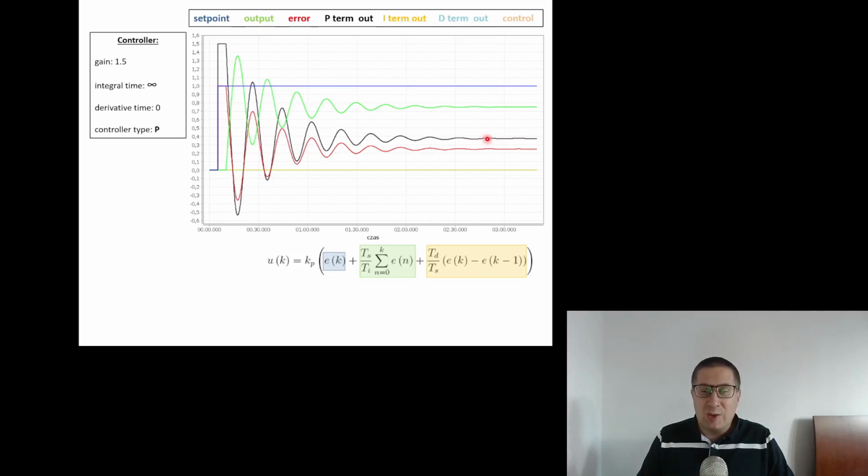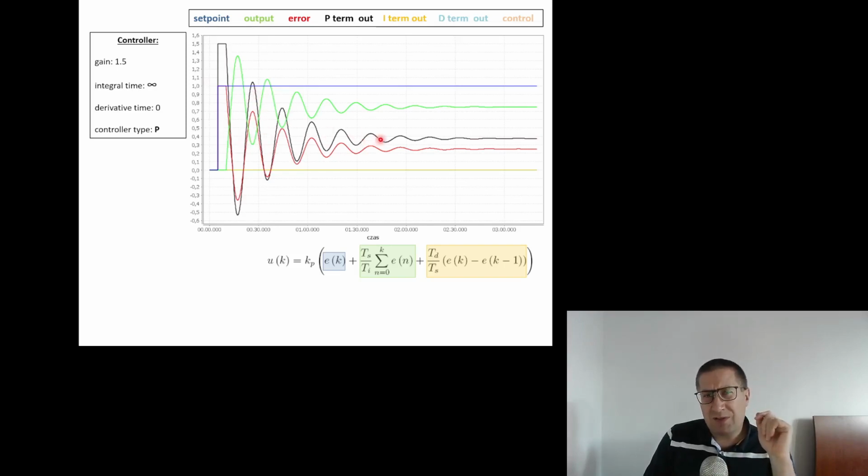We are closer to the set point, but still not on the set point, right? We are sending more energy to the plant in the steady state here, but still not enough. So what is the problem, right? What can we do? Well, we can try to increase the gain of the control even higher. But it's very risky. Even right now, those oscillations of the control signals are very bad.